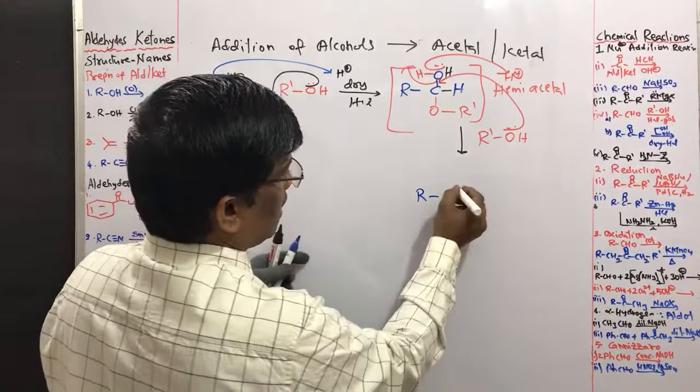This is acetal. Dear students, so this acetal, when I treat it with aqueous HCl, it is going to hydrolyze very easily. Acetal to aldehyde we can get back by simple aqueous acid hydrolysis.